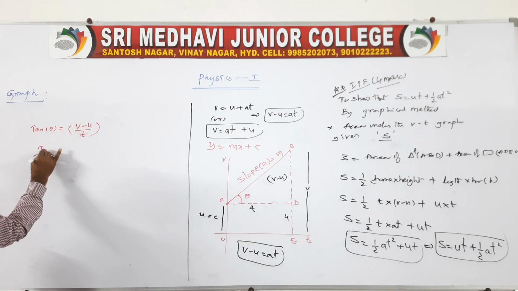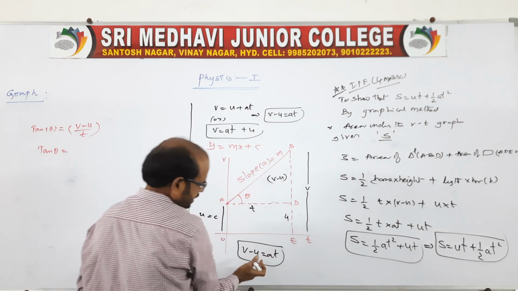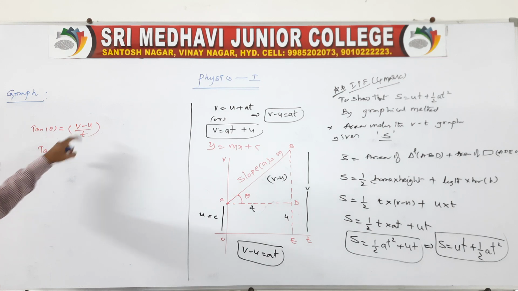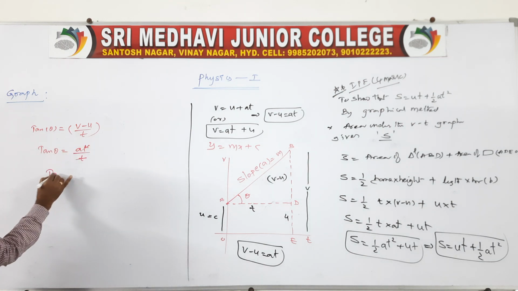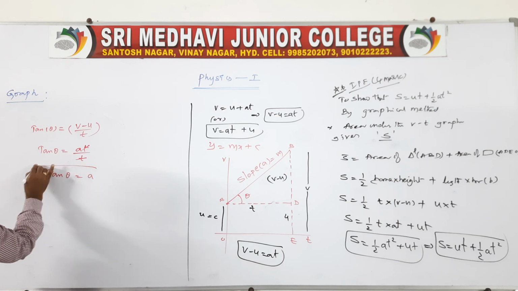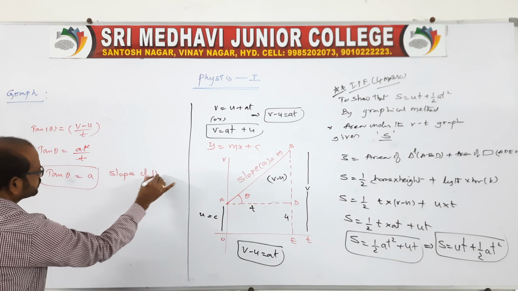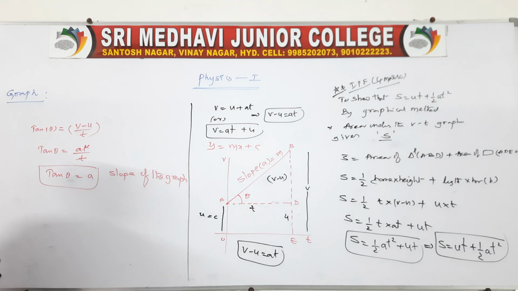So tan theta is equal to v minus u by t. Here v minus u is equal to 80, so simply you write 80 by t. So tan theta is equal to a, which is represented as the slope of the graph. This is the slope of the graph.